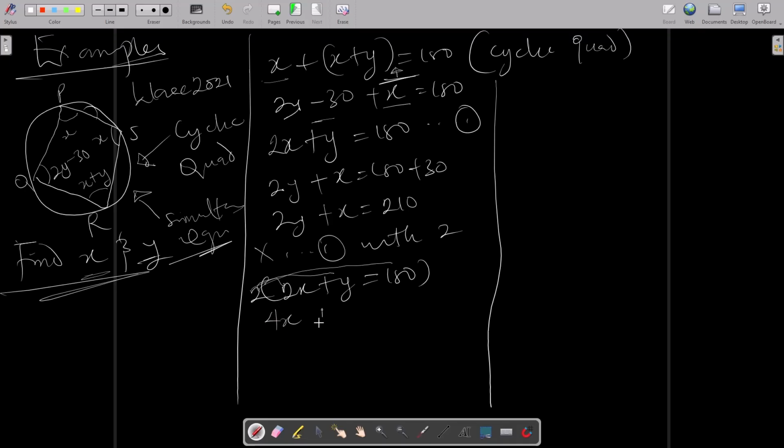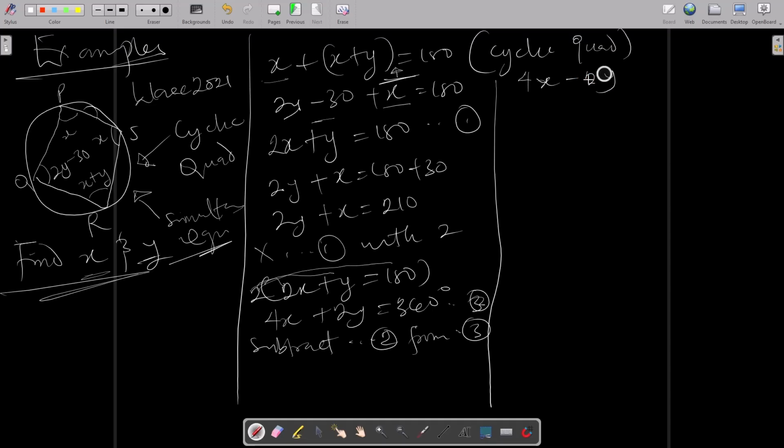So we have 4x plus 2y equals 360. Okay, now subtract. Let's make this equation 3. So we have 4x plus 2y equals 360, and x plus 2y equals 210.